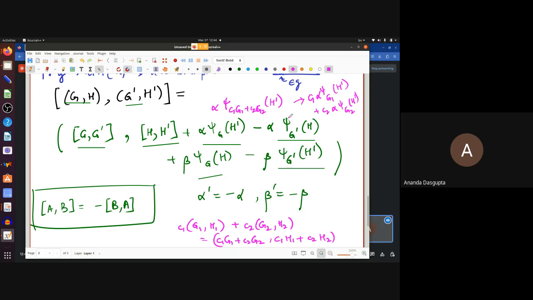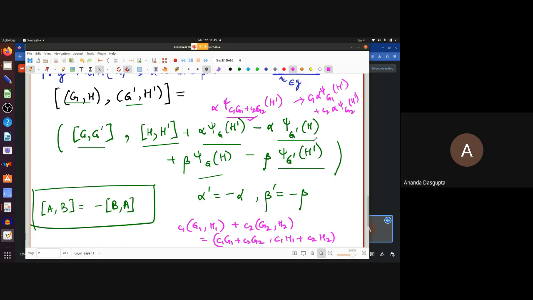We are not talking about the Lie bracket property right now, you don't need that. What we need right now is basically the fact that this psi has to map C1 G1 plus C2 G2 into C1 psi G1 plus C2 psi G2, the basic linearity property. Homomorphism for a Lie algebra means it has to respect both the vector space structure and the Lie bracket structure. So this part is fine. This term, there will be no problem with.